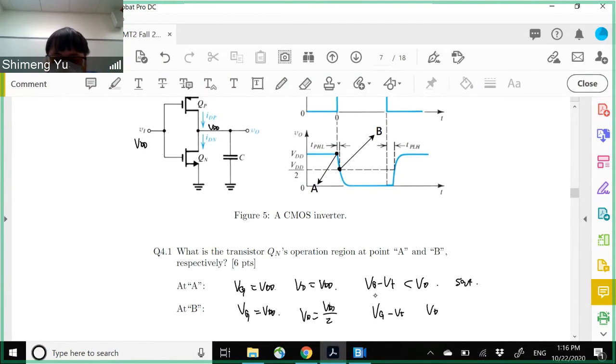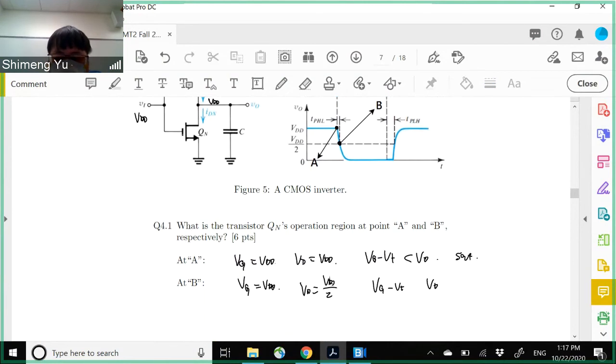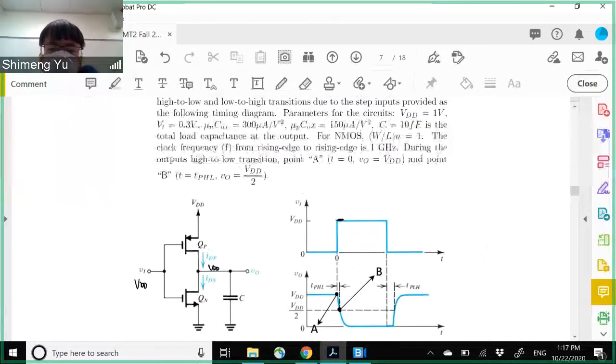Now you have to plug in the numbers. The first condition is for sure, because VDD minus something is of course smaller than VDD. But the other one is VDD minus VT compared to the VD, so basically VDD minus VT compared to half VDD. Depending on the numbers, if you look at the question here, VDD is 1 volt and VT is 0.3.